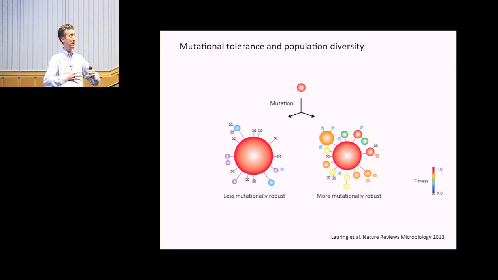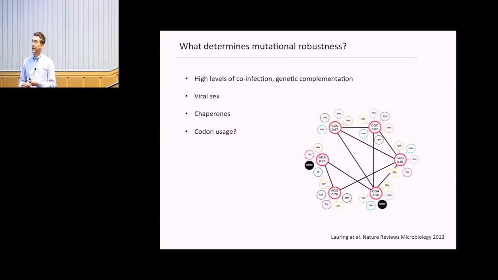And that might be another thing that controls patterns of diversity in a population. That's a neat idea, and it's been around for a long time. There are a number of things that probably affect how well a virus tolerates mutation. One question I became interested in is, does codon usage by the virus affect mutational tolerance?